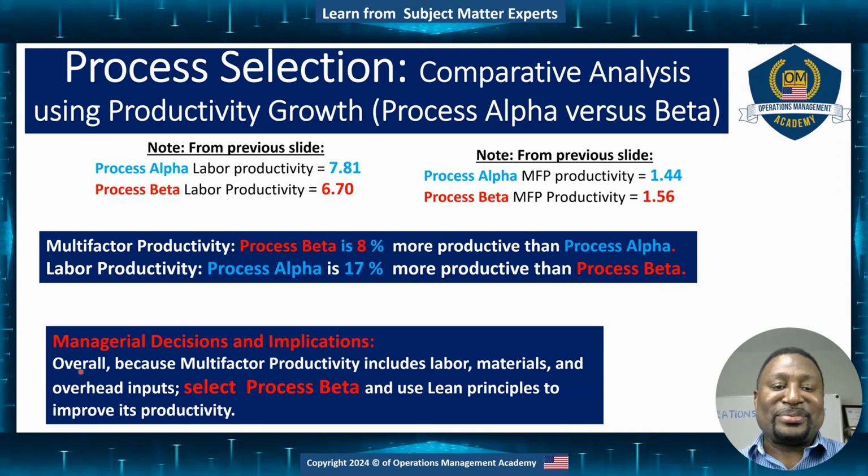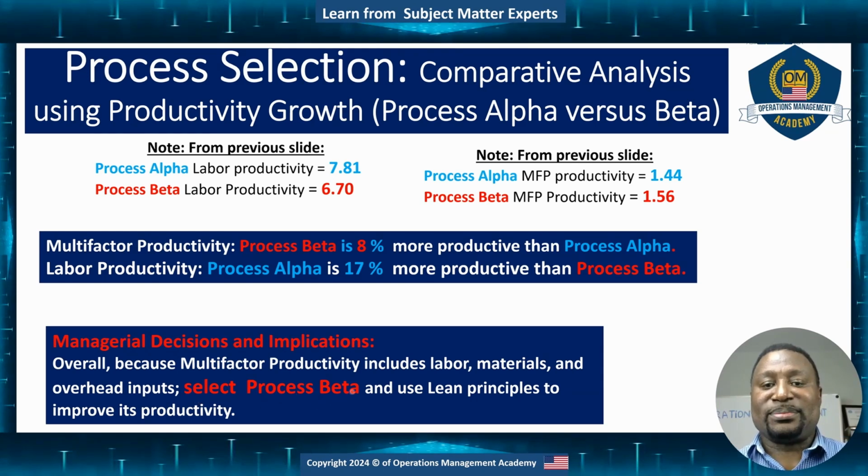But overall, because multi-factor productivity also includes labor, material and overhead, we will recommend selecting process beta. Even though alpha beats beta in terms of labor productivity, multi-factor productivity includes many factors, including labor.